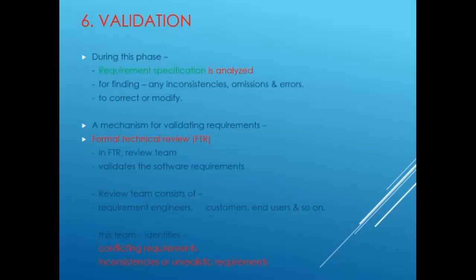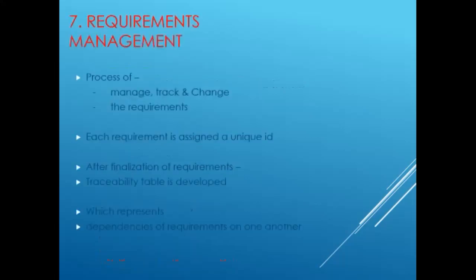In formal technical review, team validates the software requirements. Review team consists of requirement engineers, customers, and end users, and so on. So this team identifies conflicting requirements, inconsistencies, or unrealistic requirements.